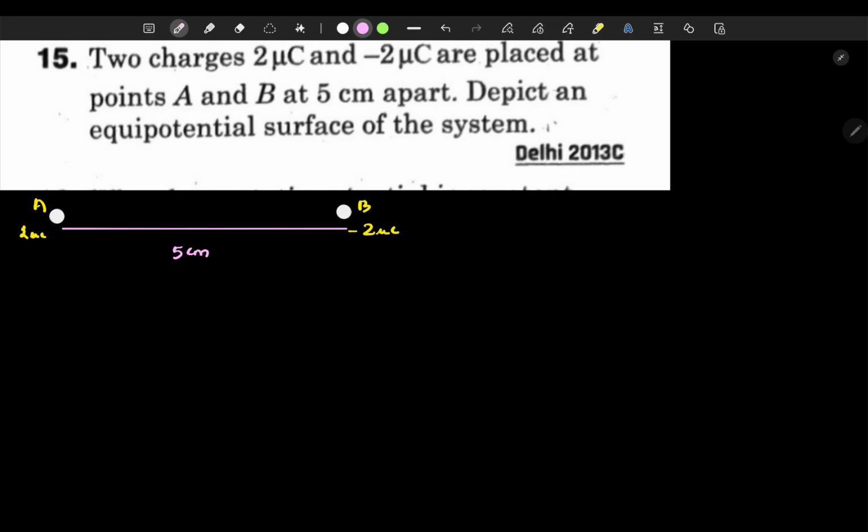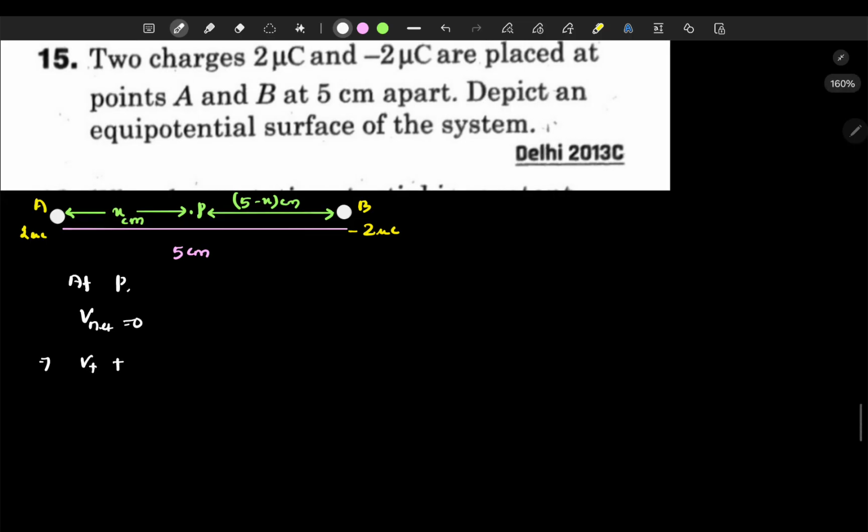Let us consider point P is at a distance x centimeter from A. So what is the position of point P with respect to B? That will be 5 minus x centimeter. At P, net potential will be 0. V net means V due to positive charge plus V due to negative charge, that will be 0.